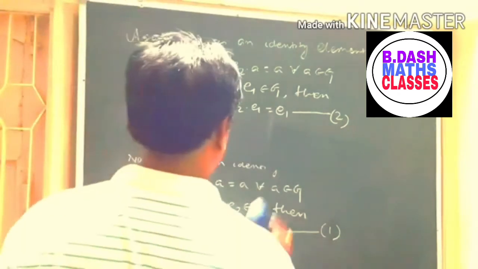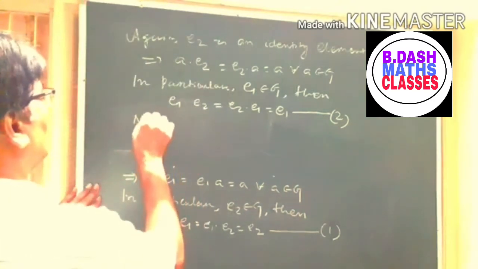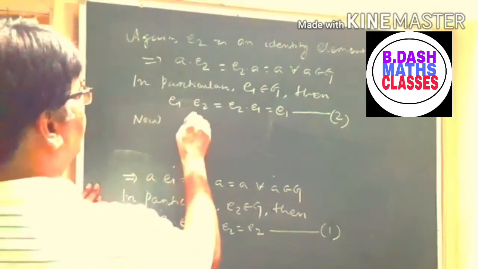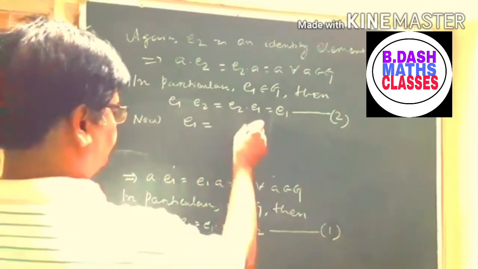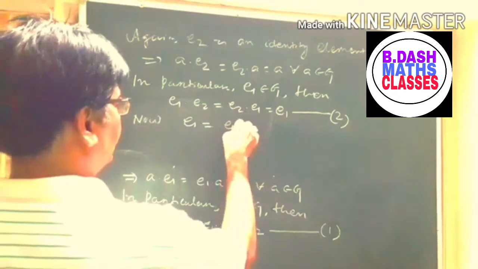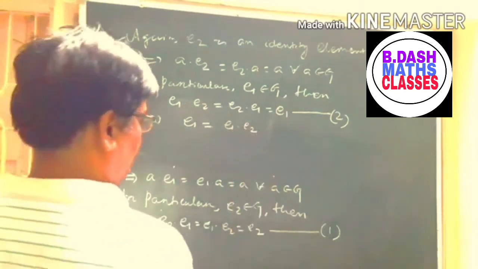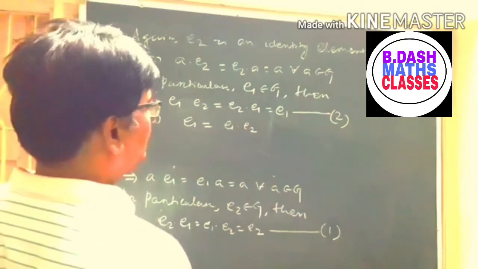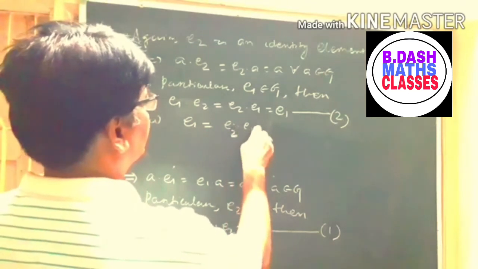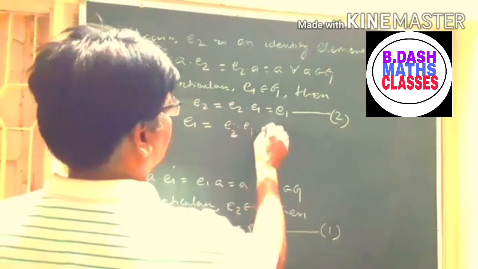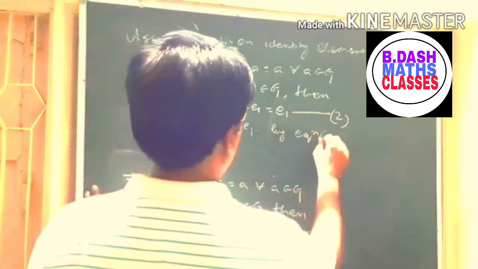Now, E1 is equal to E1 E2. E1 is equal to E2 E1 by equation 2.